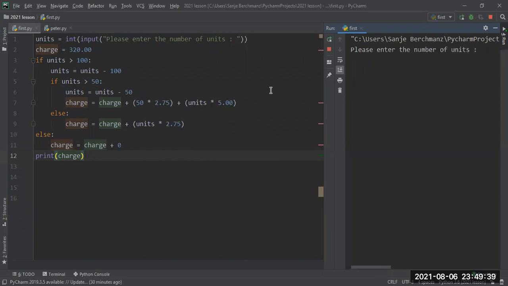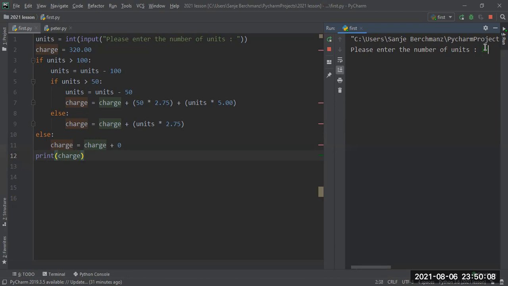If he was trying to do only 90 units, so only 320 will be charged, no additional charges, less than 100. Then let's say 120, not greater than 150.